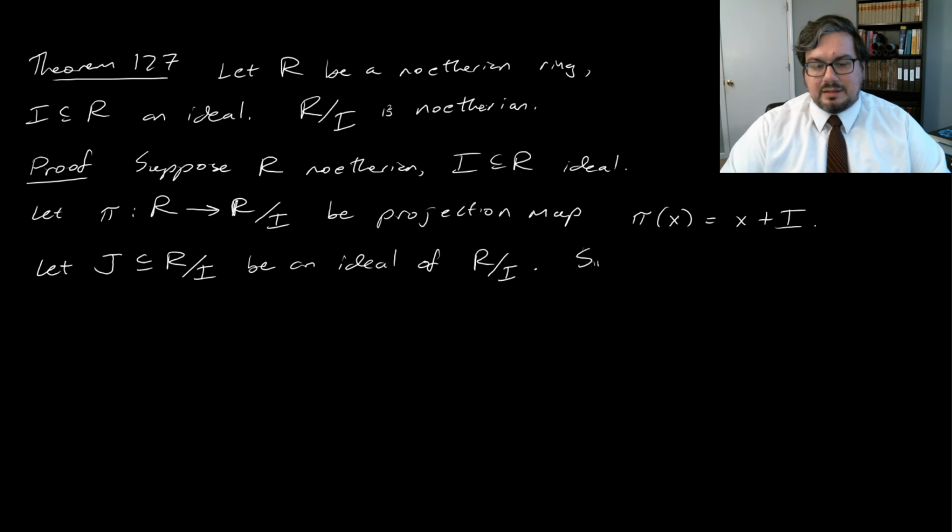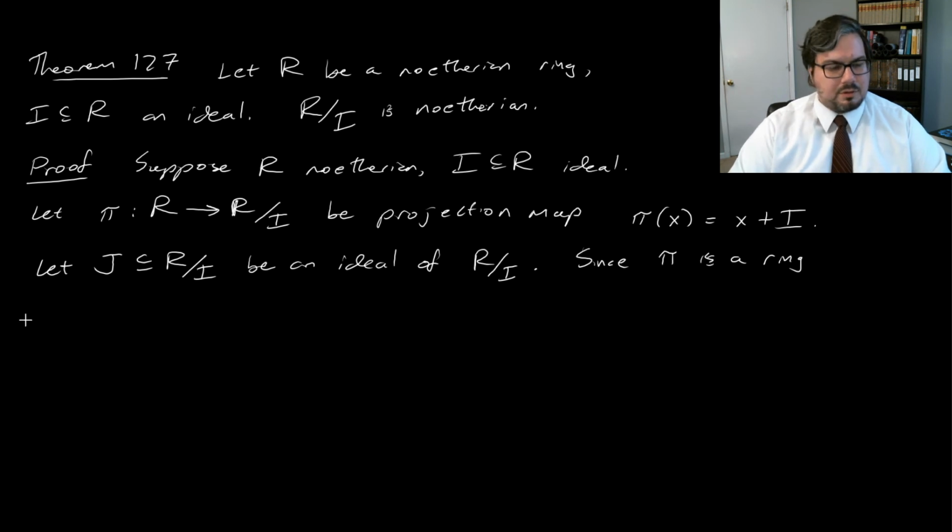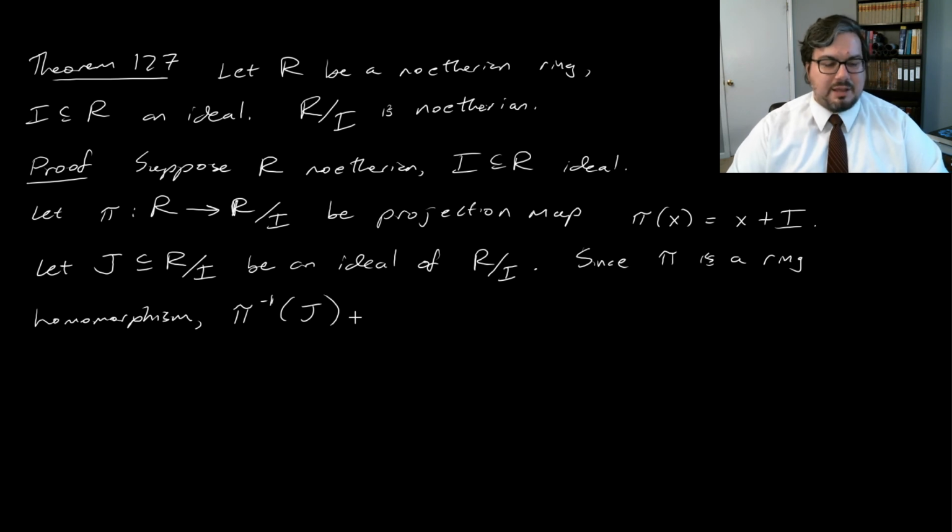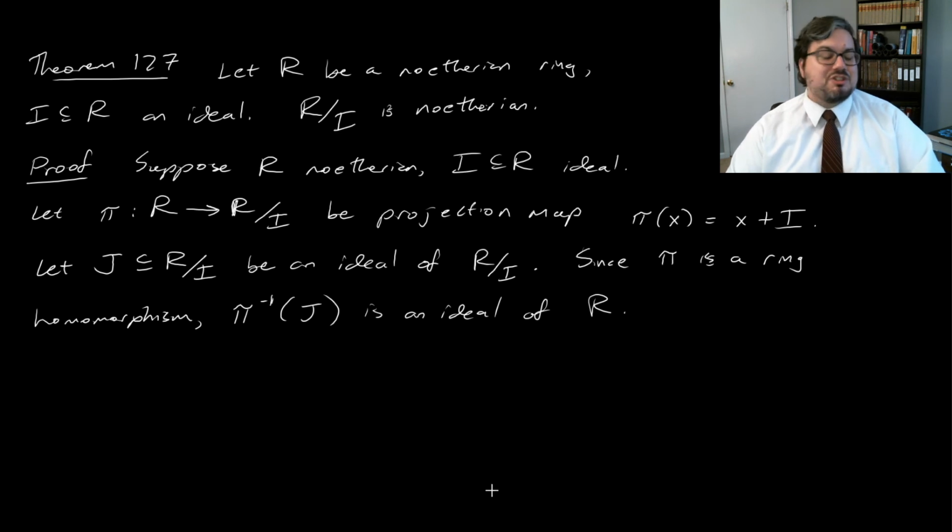Since pi is a ring homomorphism, pi inverse of J, the pre-image of J under the map pi, is an ideal of R. Remember that the pre-image of an ideal is an ideal under any ring homomorphism.